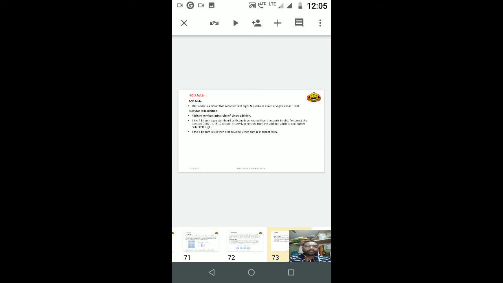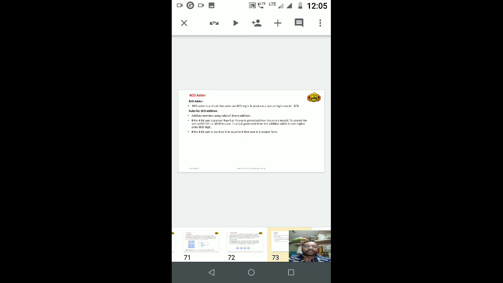Then you check whether the result is greater than 9 or not. If it is greater than 9, you add 6 to that result and you get the valid BCD result. We already said your input is BCD as well as your output is BCD, but if the result is greater than 9, this is an invalid BCD, so you just add 6 to that result.